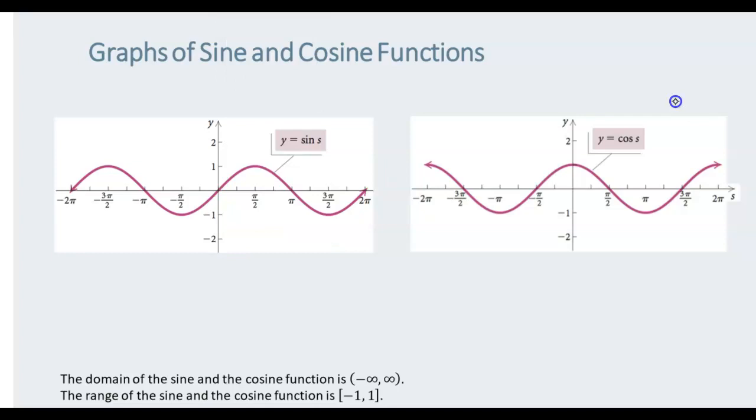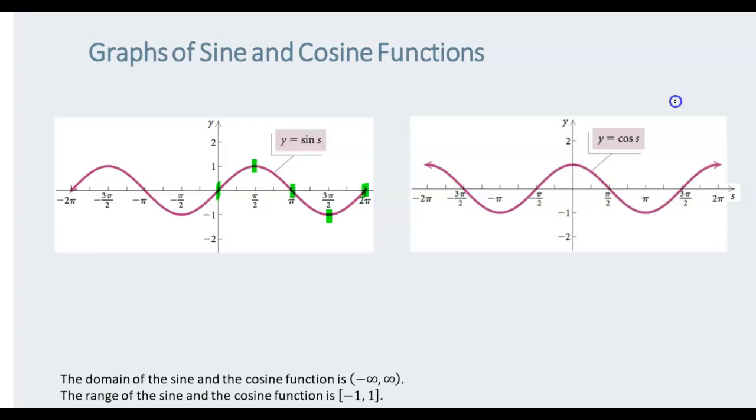The way that I teach students to graph each of these is to think about the 5 key points. The 5 key points, starting at the origin, are at the midline, going up to a maximum, back to the midline, down to a minimum, and then back to the midline.